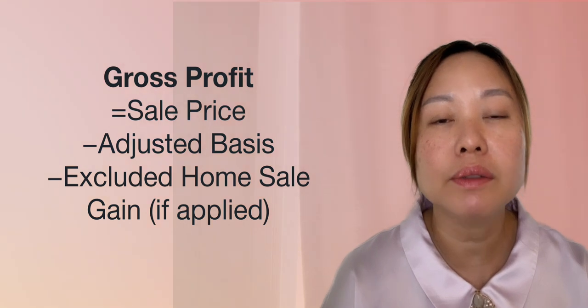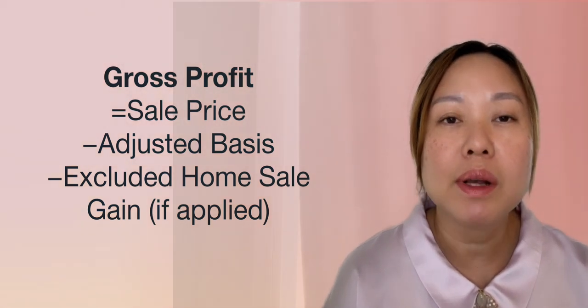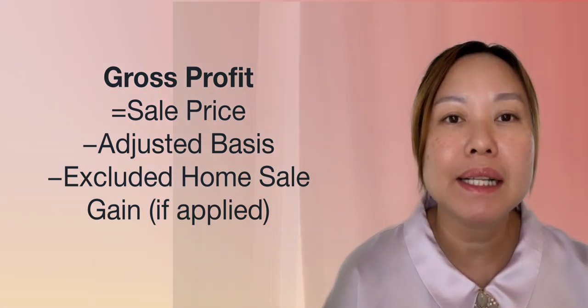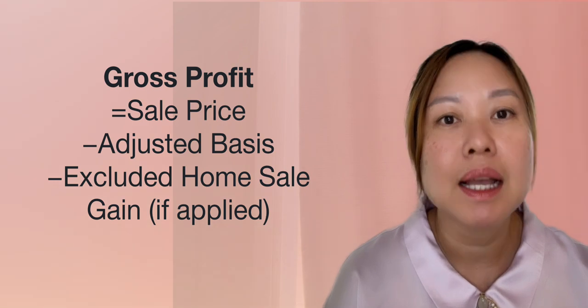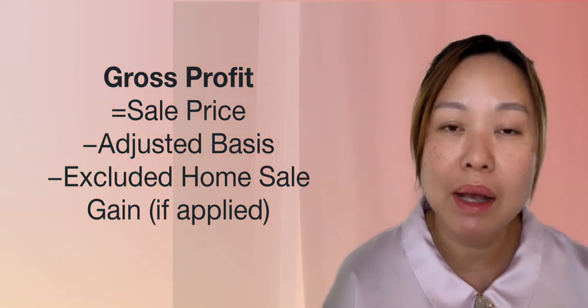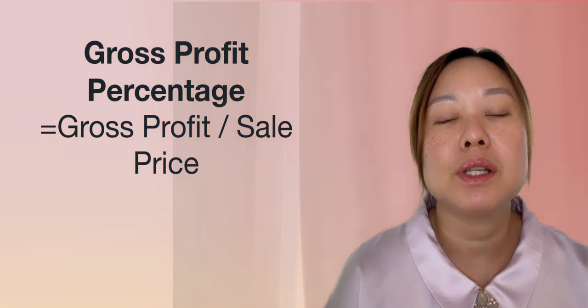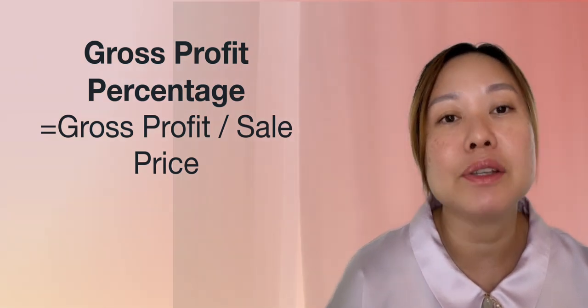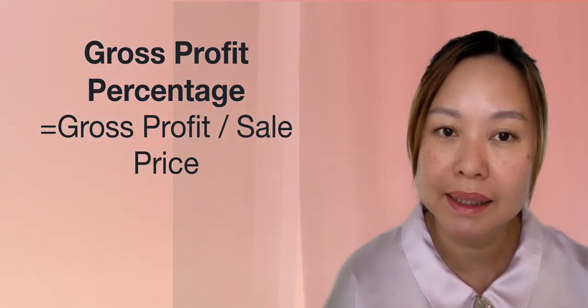So the gross profit calculation is as follows: gross profit equals sale price minus adjusted basis minus excluded home sale gain, if applicable. Then the next number we need to calculate is the gross profit percentage, where you take the gross profit and divide it by the sale price.